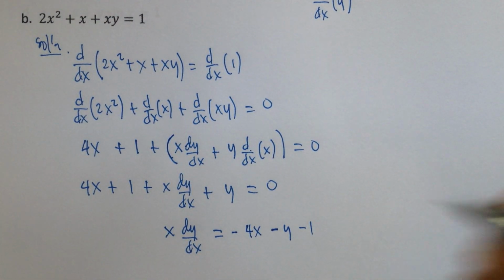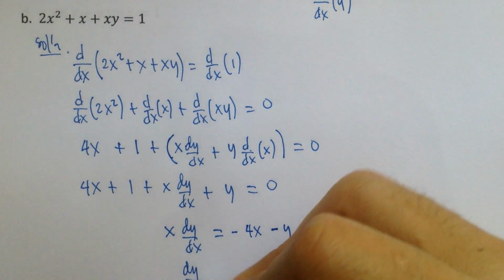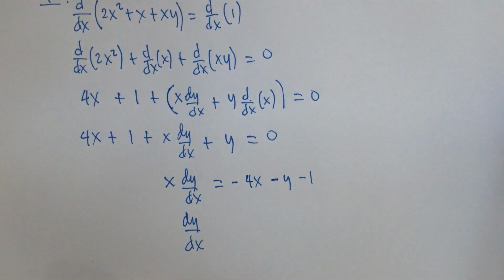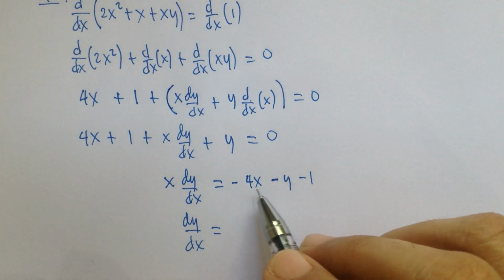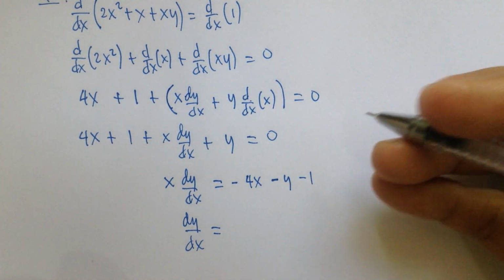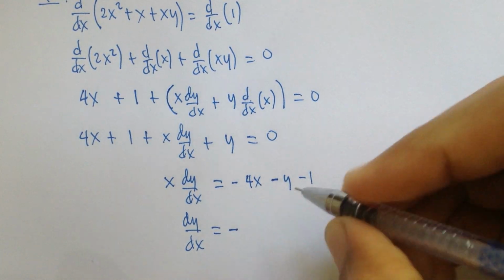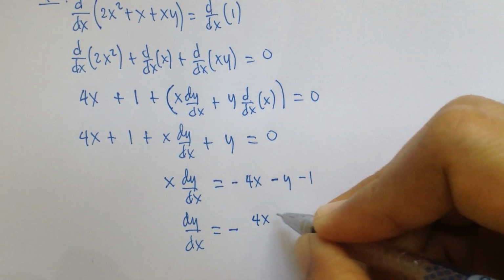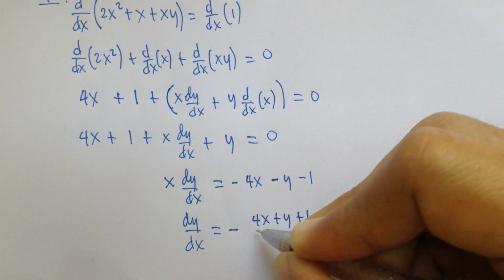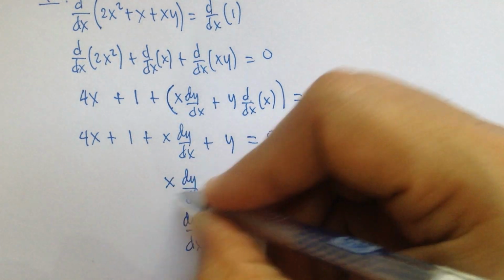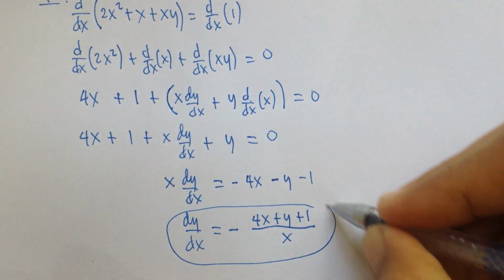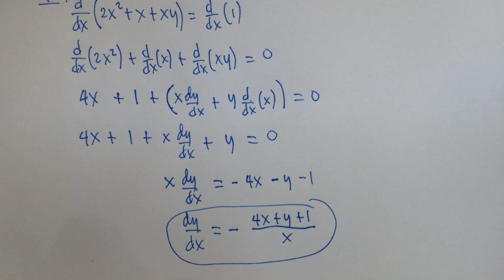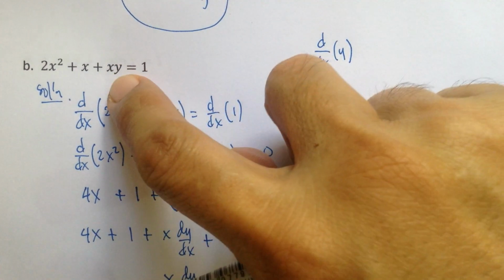And then your dy dx becomes what? The negative can simply be factored out, no? So we have negative, and then we have here 4x plus y plus 1, over x. So this is your dy dx from this expression.